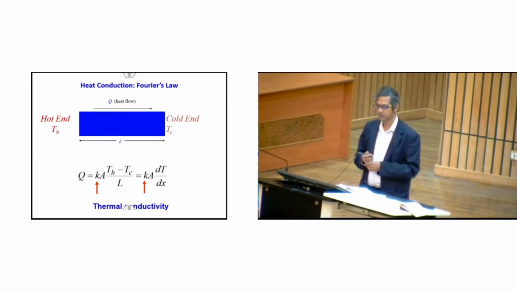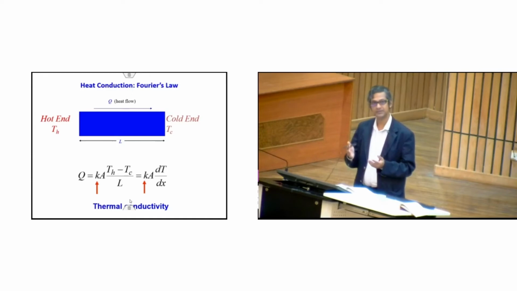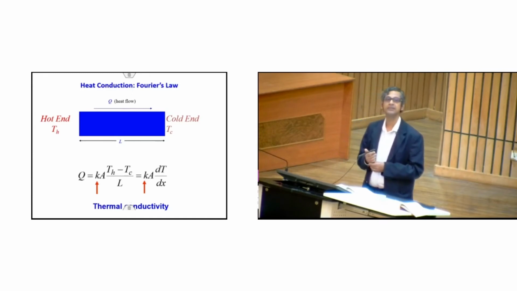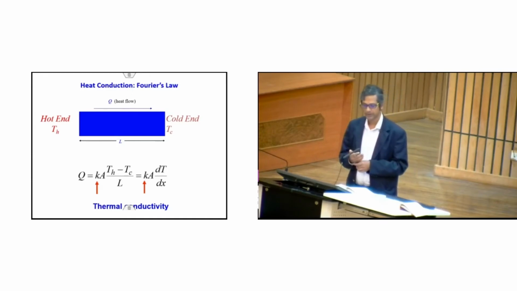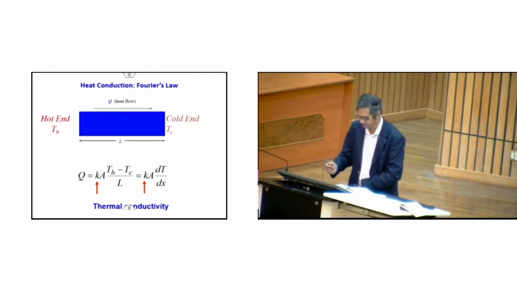That will be equal to thermal conductivity multiplied by what? Thermal conductivity K multiplied by A, the cross-sectional area, and the temperature gradient, that we know. That means Q is proportional to del T by del X in the one-dimensional case. That is what is shown here.